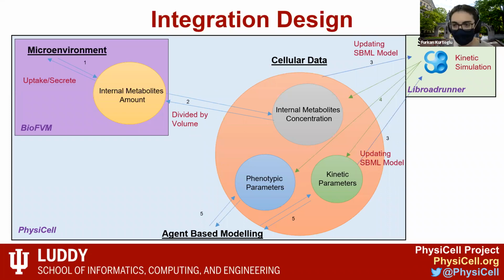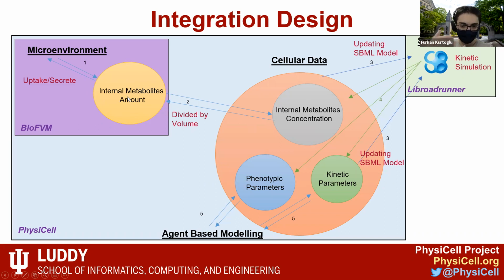So we updated this SBML in the cell, and then we simulated, and the internal metabolite concentration changed according to the ODEs. Then we go back and change the internal metabolite concentration in the cellular data, getting it from this SBML, and changing the internal metabolites.